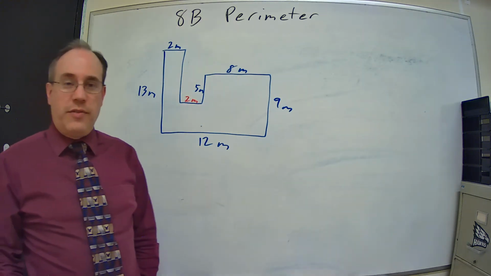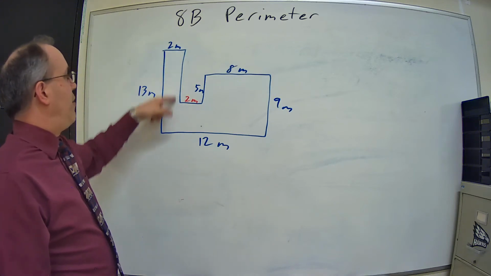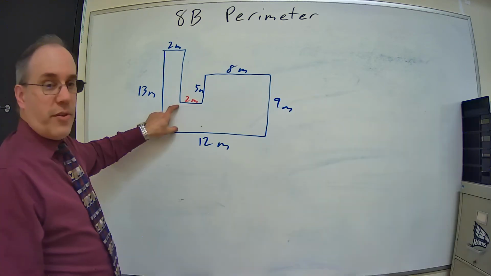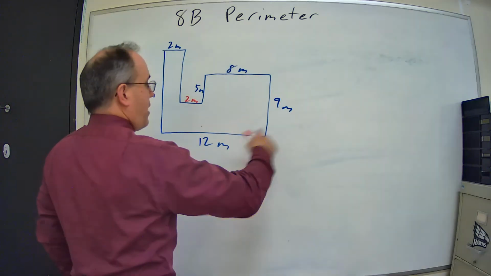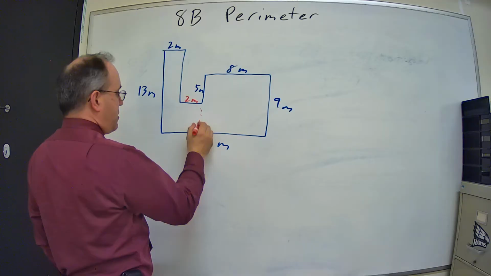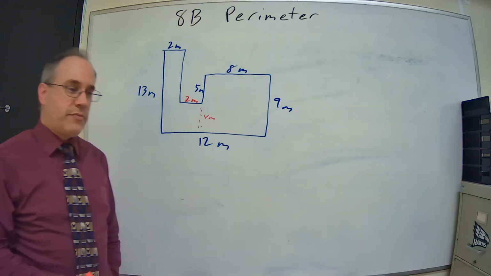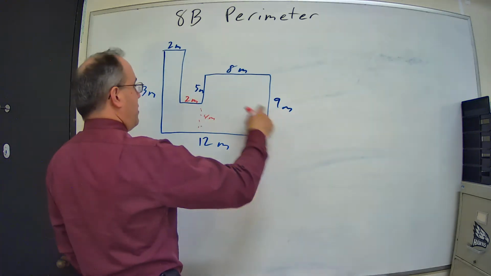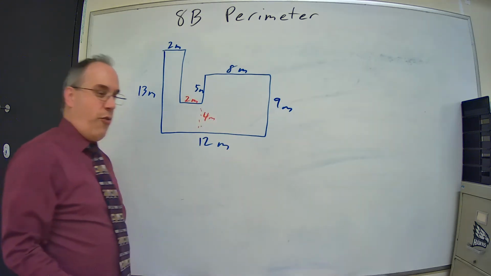So that was relatively easy to find. It's this other one that gets a little more difficult. How do I find that? Well, I can know this, because using what we did last time, here's 9, here's 5, that means this distance here must be the other 4 meters. I've got 9 meters, take away the 5, I'm left with 4 meters.